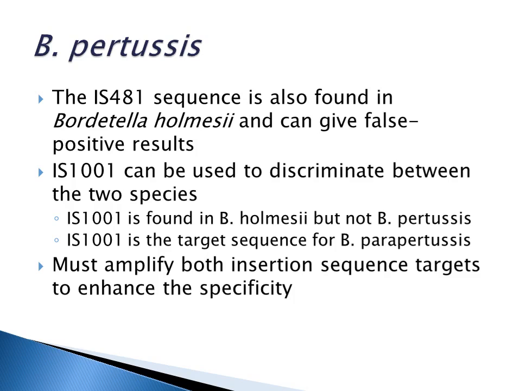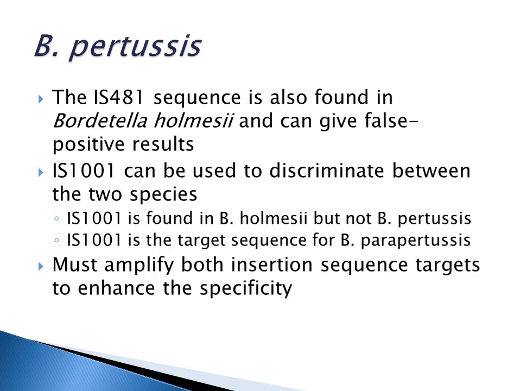So if you were to get a positive with the insertion sequence 481 and you wanted to be sure that it's Bordetella pertussis and not the other species of Bordetella, you can use the insertion sequence 1001 to discriminate between the two, because the 1001 is found in Bordetella holmesii, but not in Bordetella pertussis.